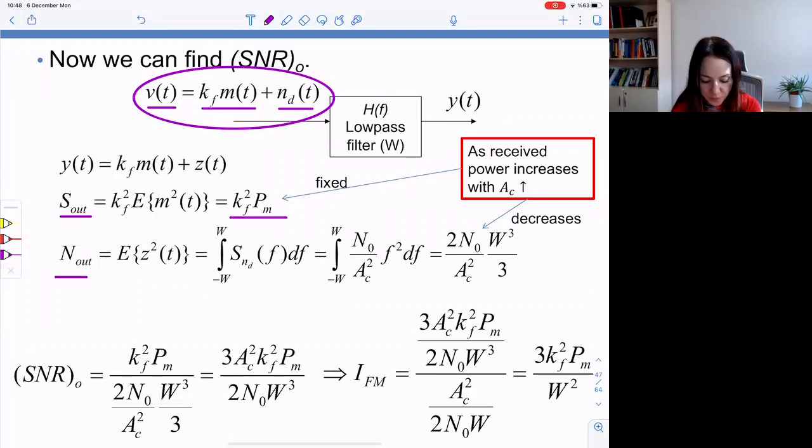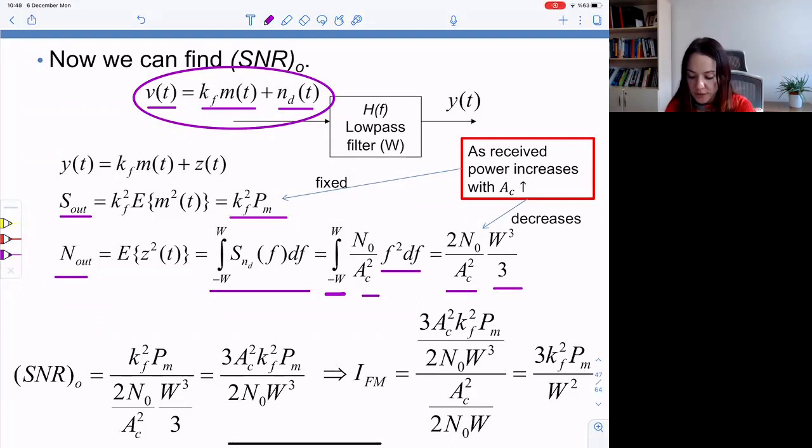How about the noise power? The noise power can be computed by integrating this strange bowl-shaped noise PSD, N naught over AC squared F squared, from minus W to W, df, which is 2N naught over AC squared W cubed over 3.